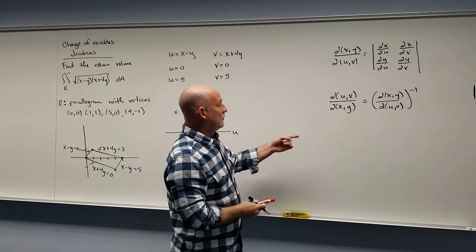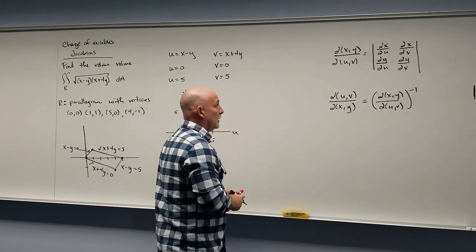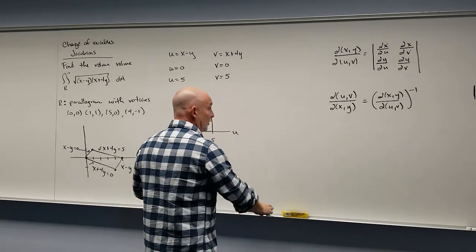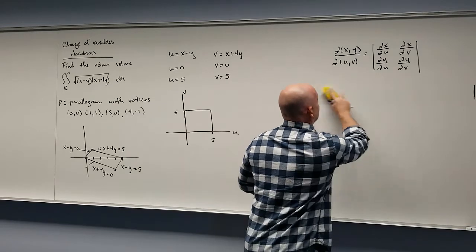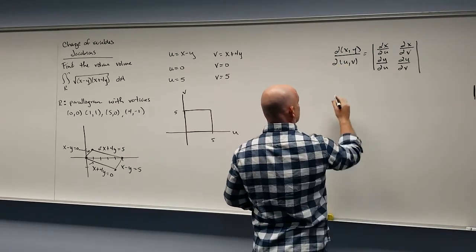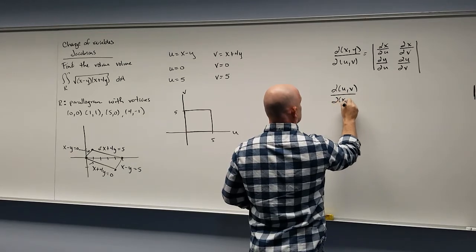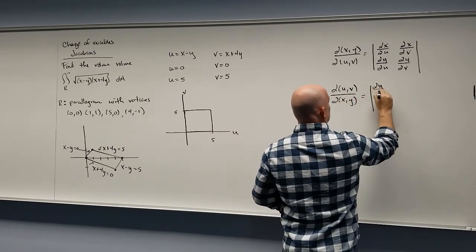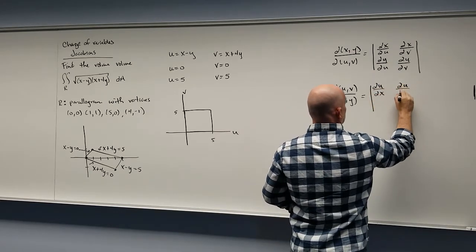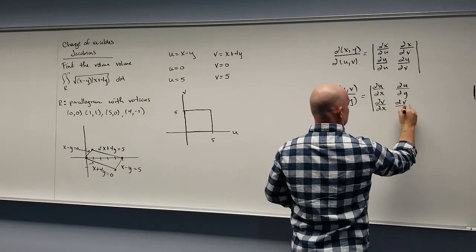So we can figure out what this is and just flip it over to figure out what we want. So what would our Jacobian for this be? Well, we can't use this one, so we really want u and v with respect to x and y. Okay, so partial of u with respect to x, partial of u with respect to y, partial of v with respect to x, partial of v with respect to y.